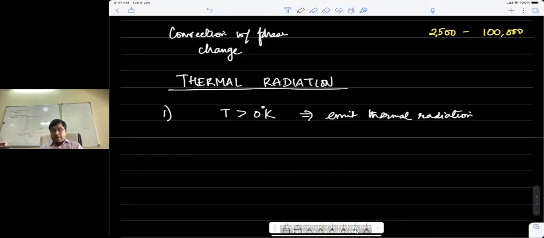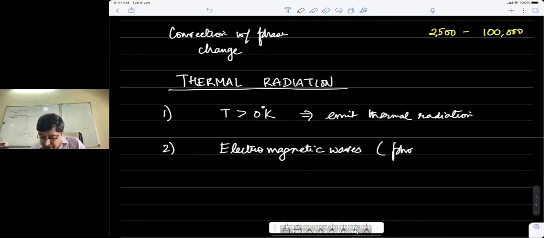All bodies above 0 Kelvin, at a finite temperature, will emit thermal radiation, and the mode of this energy exchange is in the form of electromagnetic waves, which is basically the same as photons.